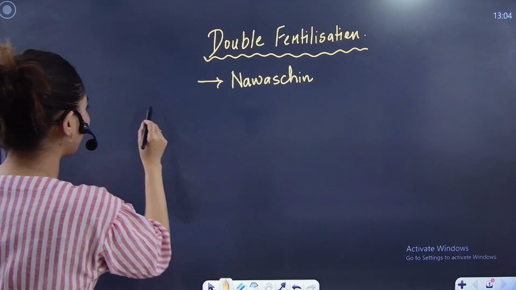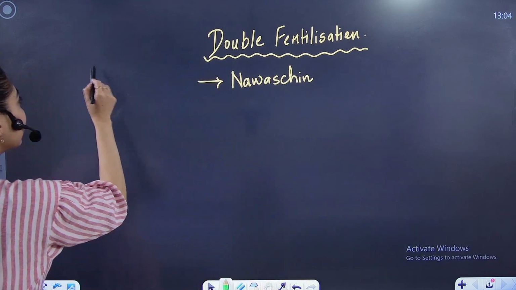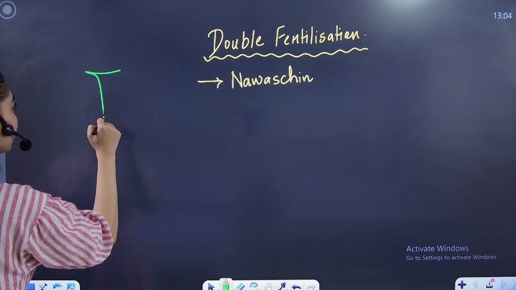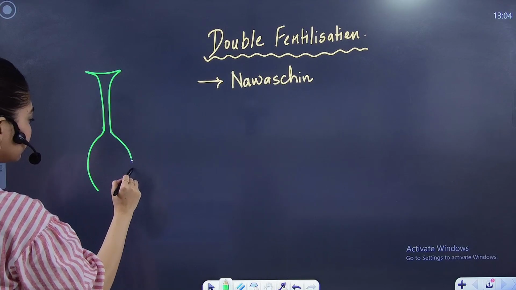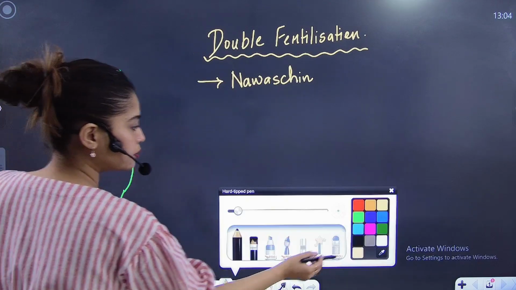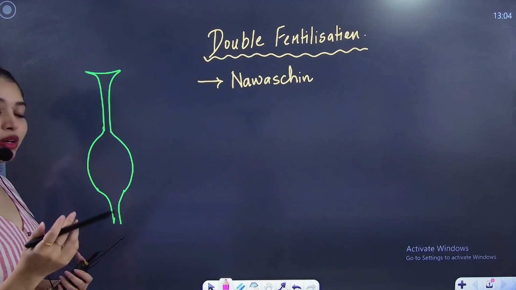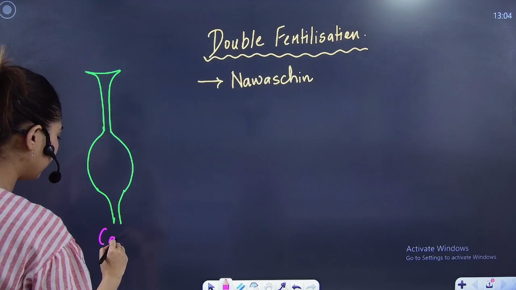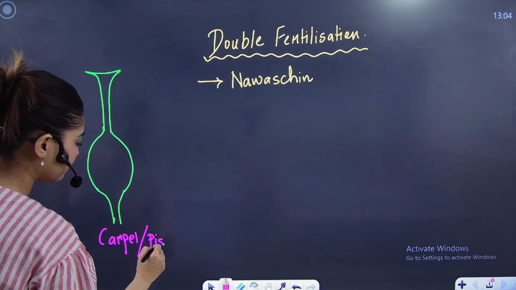Let's see what a carpel or pistil looks like. This is the structure of a typical carpel, or you can say pistil.